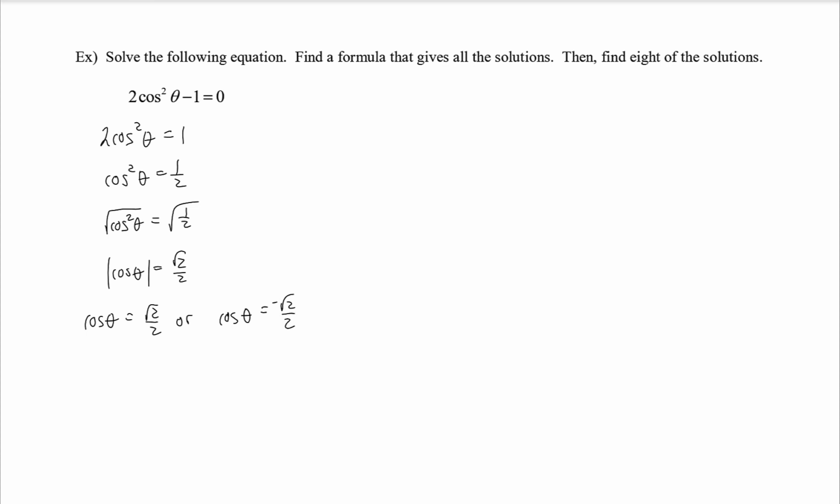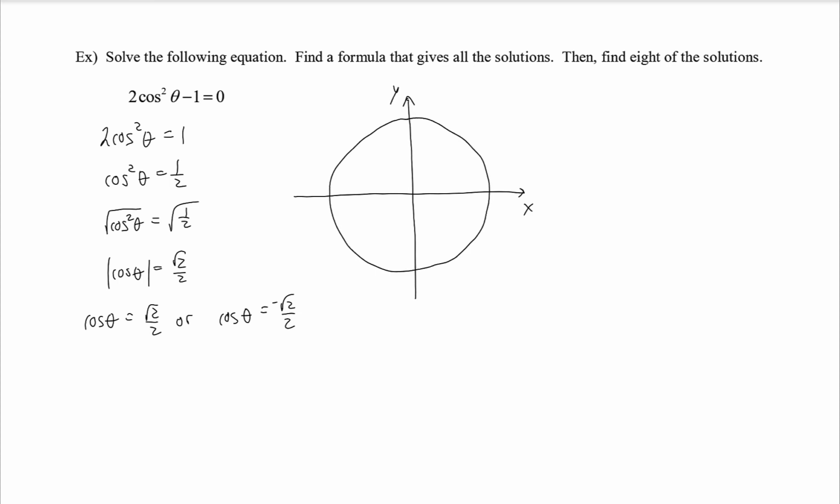Well, now that I've isolated the trig ratio, I know what I'm looking for. So now I can go to my picture, right? I can draw the circle. The circle helps with everything. So here's my circle. It's not a perfectly drawn circle, but that's okay. I'm going to do the unit circle. I tend to prefer the unit circle. And I want cosine to be root 2 over 2.